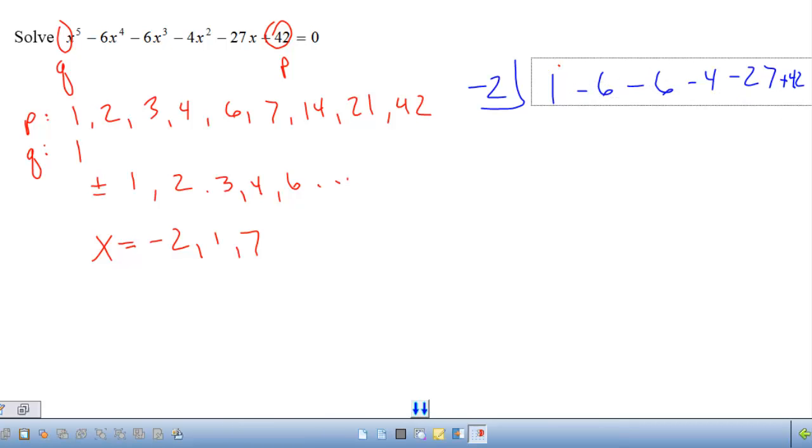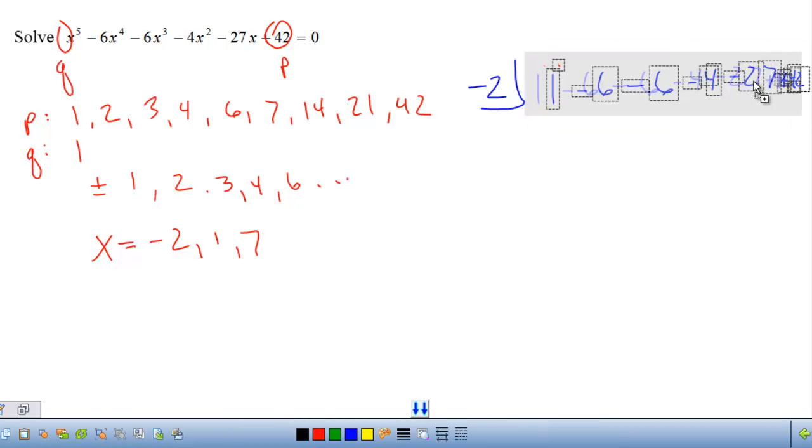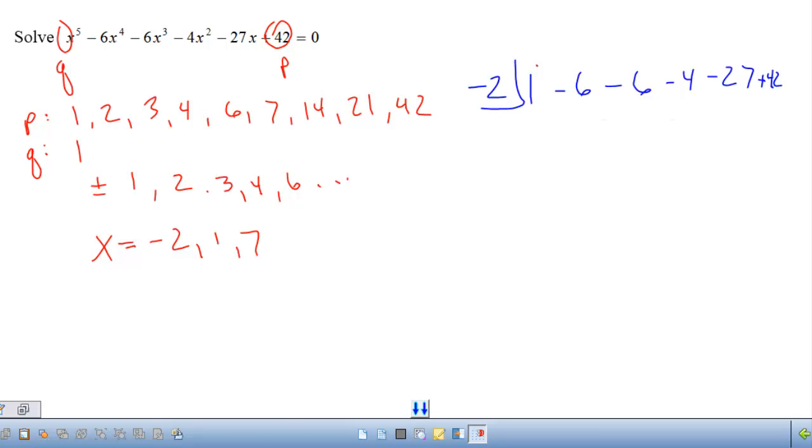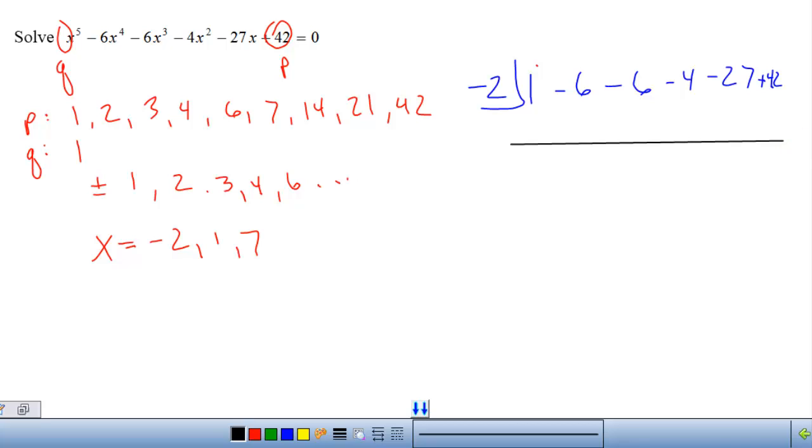Make sure all this stays on the screen here. Okay, so now I'll just drop this, and I have a 1 times negative 2, combined, times negative 2, combined, equals a positive 48, combined, and I get the 0 as the remainder.